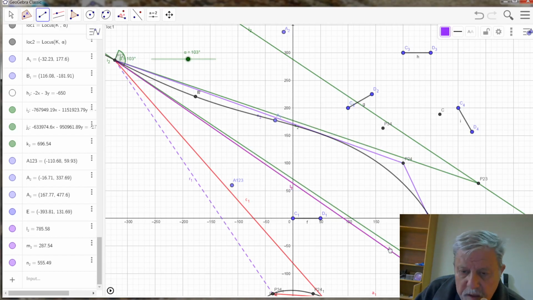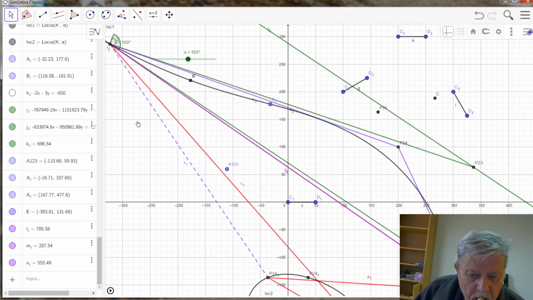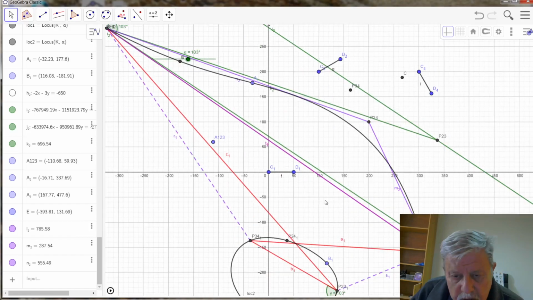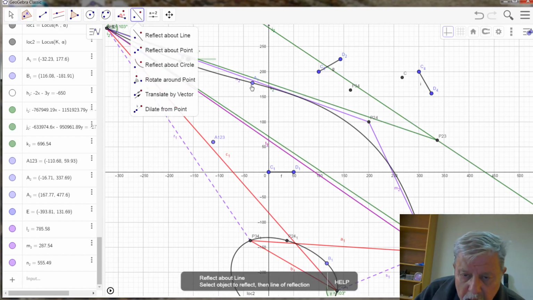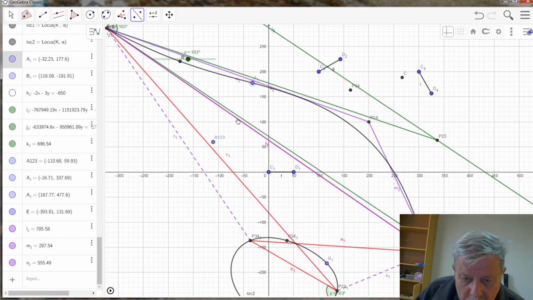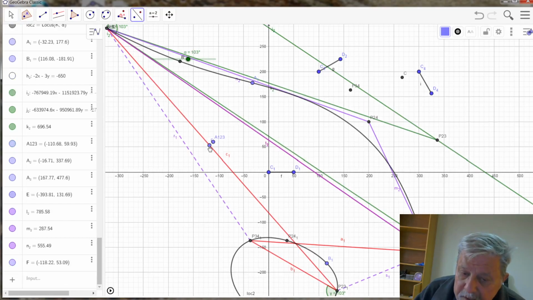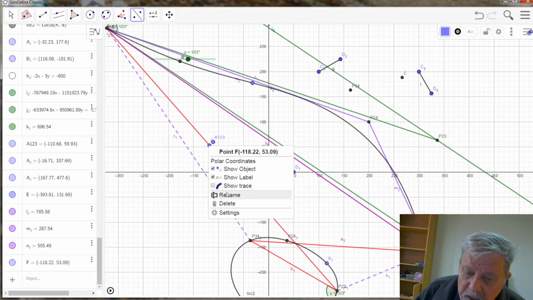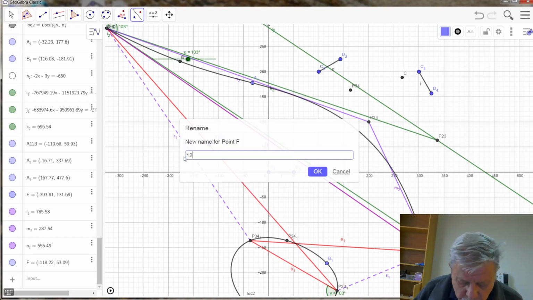This is side 1. So I will take the image of A1 with respect to side 1. This point is not A123, it is A124. Okay?